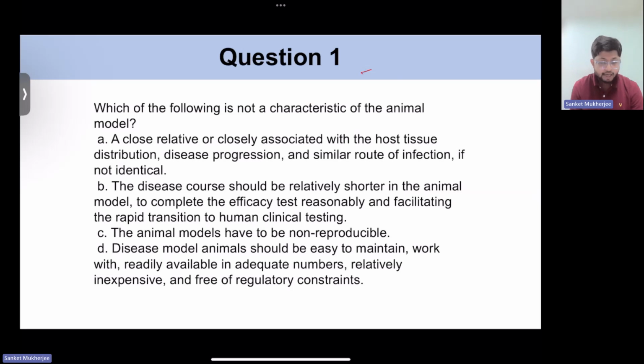The animal models have to be non-reproducible, and the disease model animals should be easy to maintain, work with, readily available in adequate numbers, relatively inexpensive and free of regulatory constraints. So I'll let everybody think on this and then we'll discuss the answer.